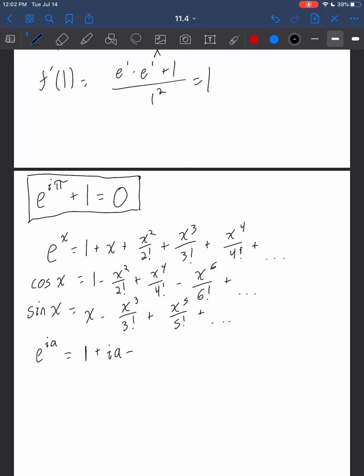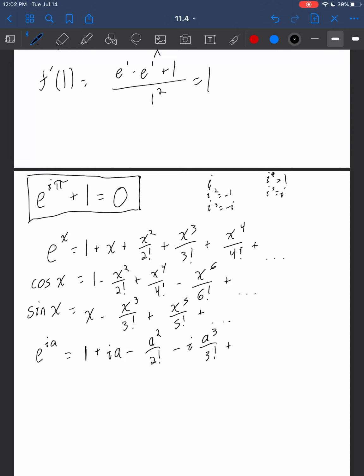So this is i a, and then this is a minus a squared over 2 factorial. i cubed is going to be equal to, right, so we have i squared is negative 1, i cubed is negative i, i to the 4th is 1, i to the 5th is i, and it's going to do this repeating pattern every 4 times. So i cubed is negative i, so we have a minus i a cubed over 3 factorial.